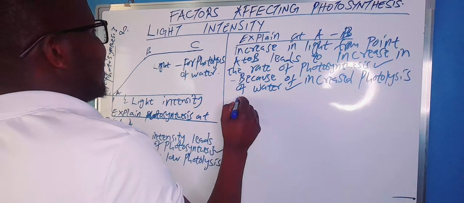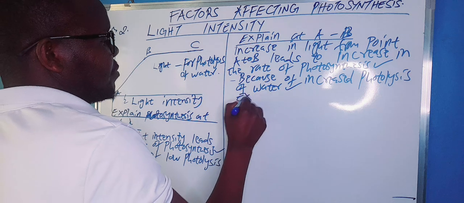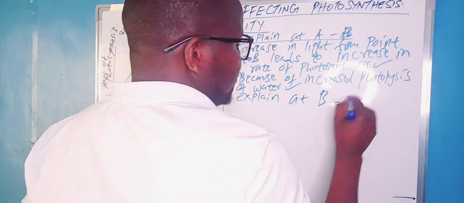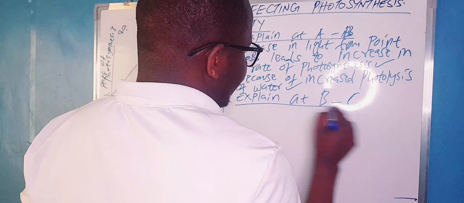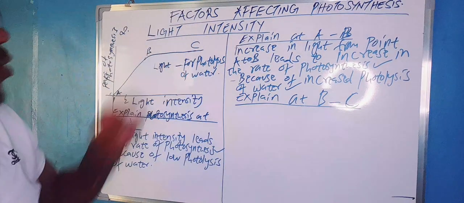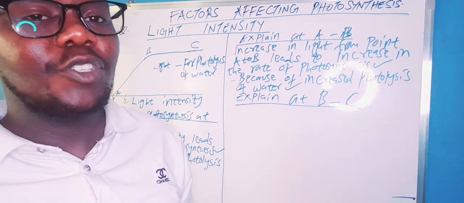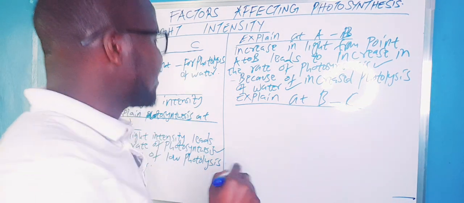Then explain B to C. You can check it's constant, but now you are still increasing light intensity. You have not stopped increasing the light intensity, so it's a further increase.